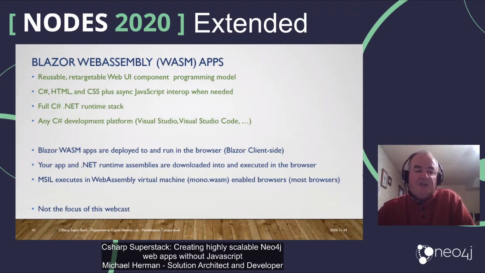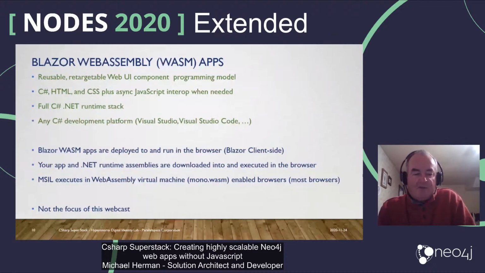And you can use any C# development platform, Visual Studio, Visual Studio Code, or whatever you choose. The WASM apps are deployed into and actually run in the browser. Interchangeably, people refer to Blazor WASM and Blazor client side to refer to that hosting model. Again, all of your assemblies, both for your app and the .NET runtime, are downloaded and executed directly in the browser.